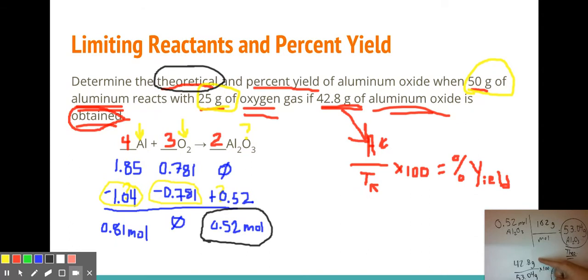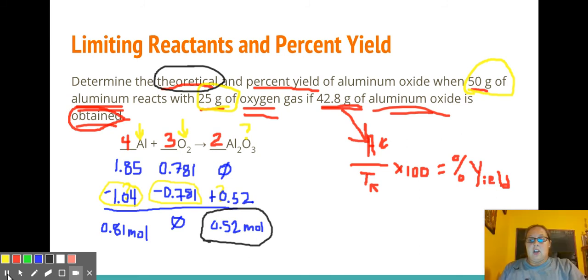So that's the 42.8 grams that was in my problem right here at the aluminum oxide. And then I divide by my theoretical yield, 53.04, multiply by 100, and I get 80.7% yield.